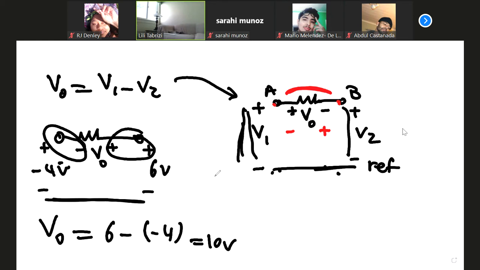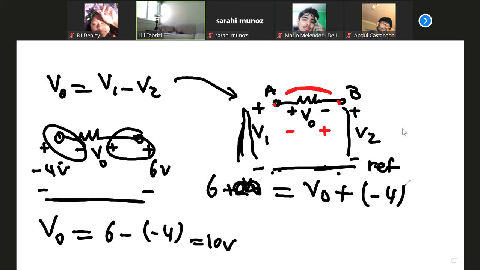It's a voltage rise of 6 volts, voltage drop V0, and it's the same number. If you want to write KVL, but I don't want to write KVL. This is a result of KVL. It's the voltage at the positive end minus the voltage at the negative end.